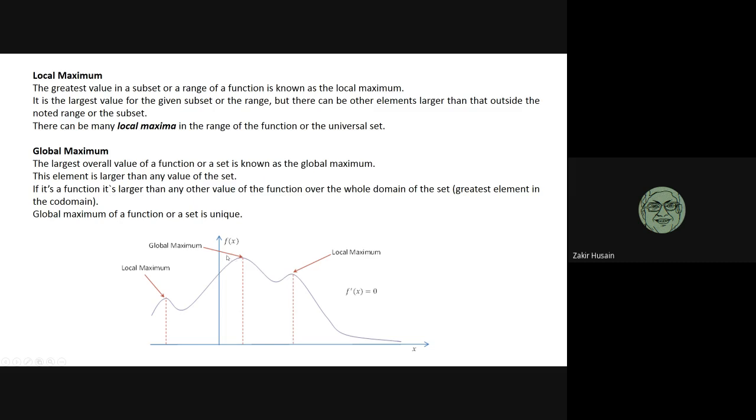So the global maximum is unique because the range is the entire range, not a subset. We have a unique global maximum, but we have multiple local maxima. Similarly, for a minimum also, we will have multiple local minima, but only one unique global minimum point.